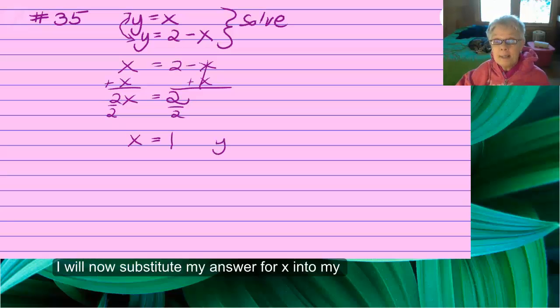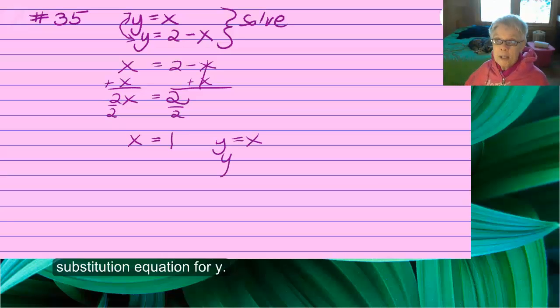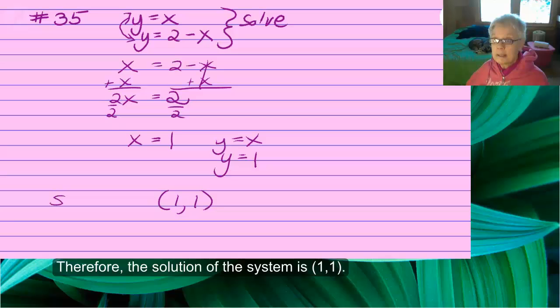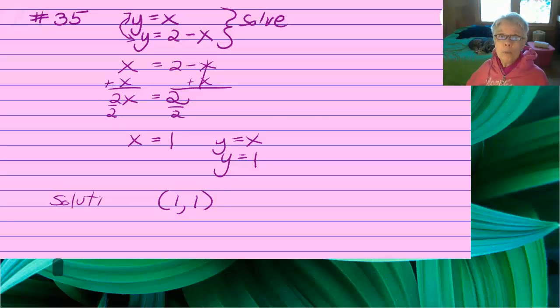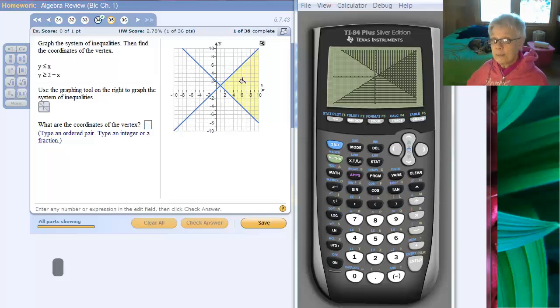Now we're not done. Now I have to find y. Remember, y equals x. That's line number 1. So I'll substitute x equals 1 into the x. And the solution to the system is the point (1, 1). It's where the two lines cross, which also is the vertex to our system.